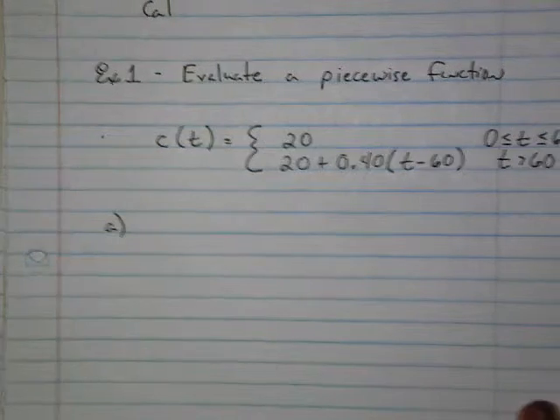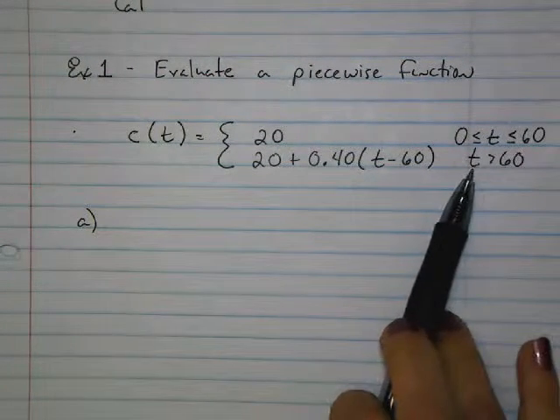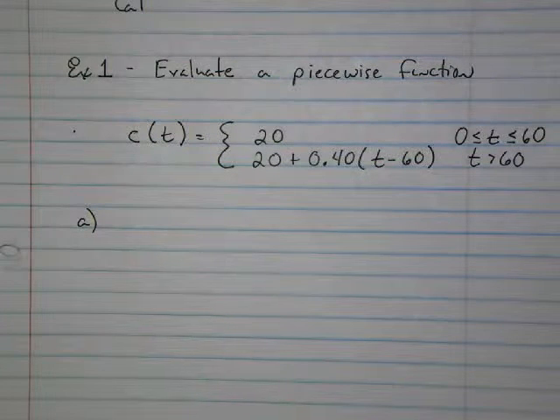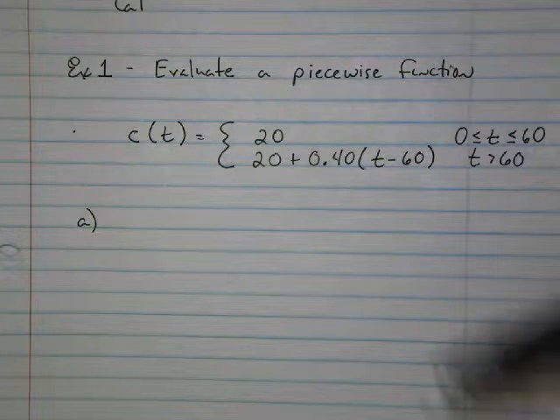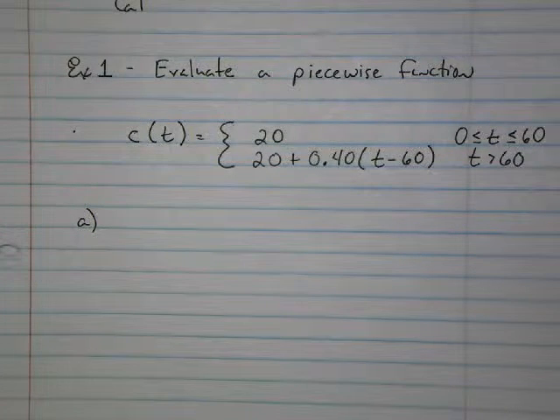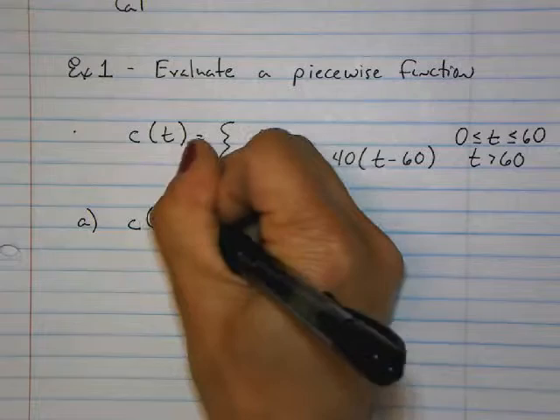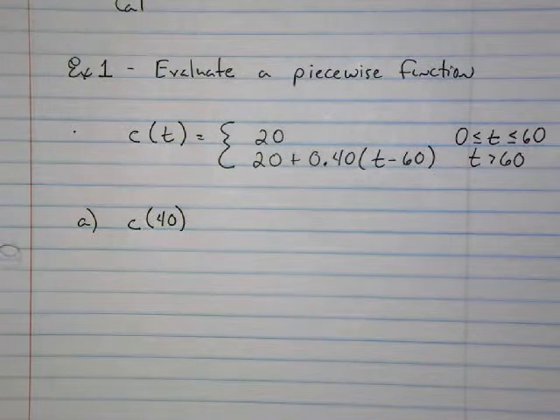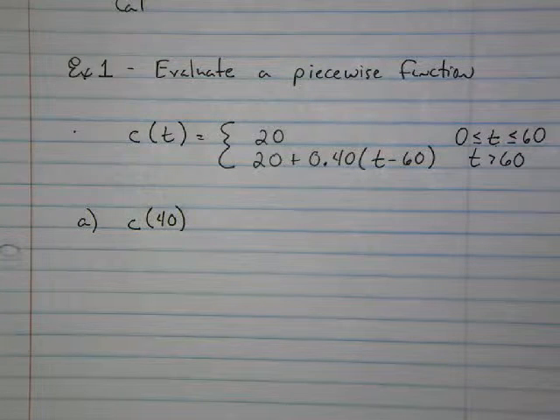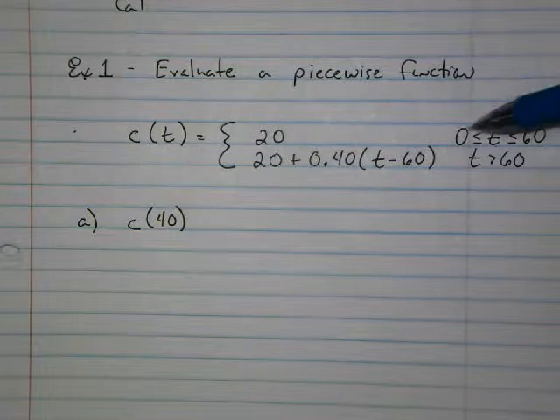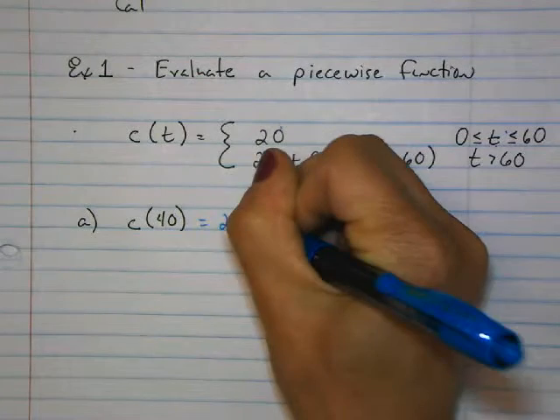You have function c, and depending on the value of t, that value decides whether you pick this or whether you pick this as your answer. Let's say the first thing I ask you to do is find the value of c of 40. So you ask yourself, is 40 between 0 and 60, or is it greater than 60? Obviously 40 is right in the middle, so then my function would be 20. And that's it, that's my answer.